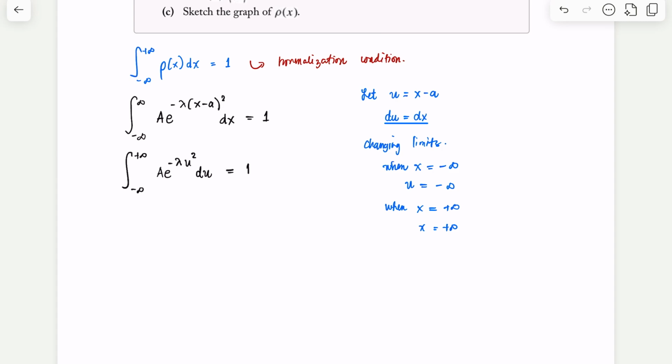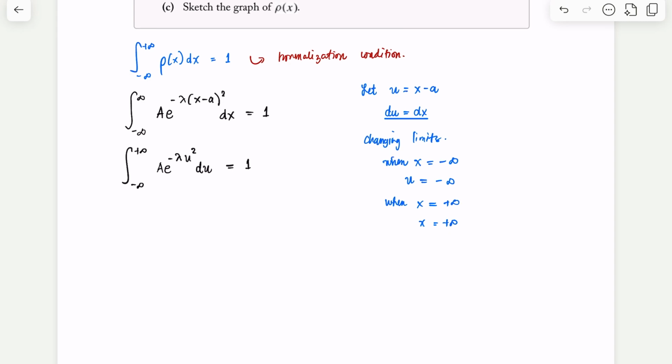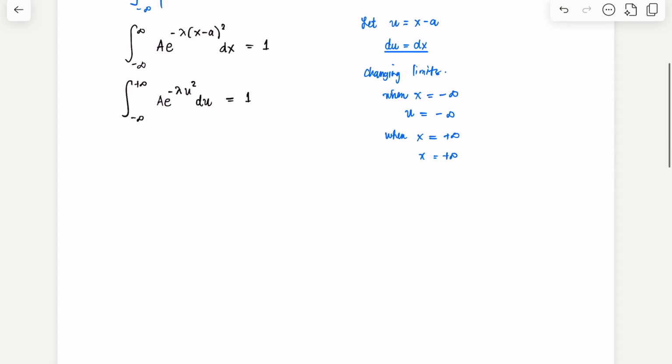So from this point, what we're going to do is to check the integral. Notice that this is an integral from negative infinity to positive infinity, and we have the following theorem which will come in handy.